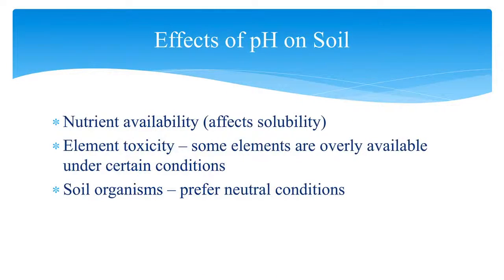Now, one of the interesting things is depending on your pH, you're going to have more or less nutrients that are available or soluble at that point. You can end up with some toxicities, and you can sway the type of flora that you have in there, in other words, the microorganisms. Some of them have preferences for pH.